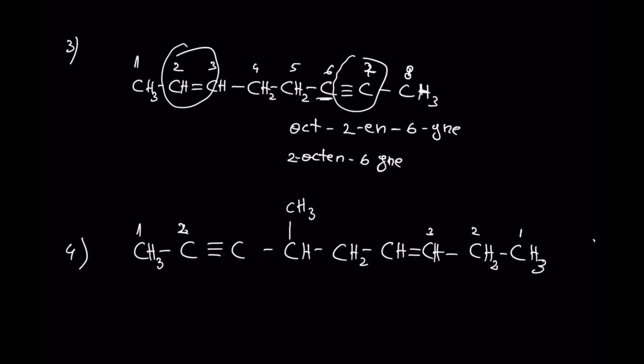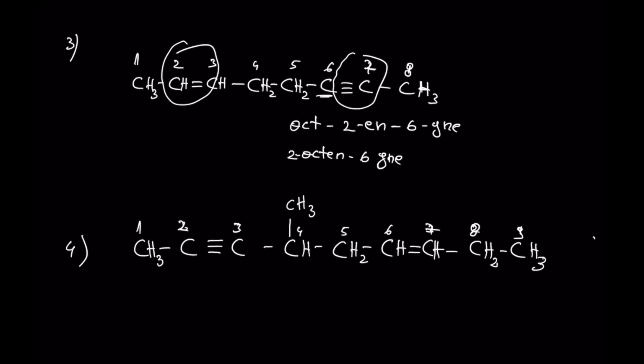Be careful, do not confuse this, because this is the only confusion that you can have in naming the alkynes. 9 carbons is going to be non-6-ene-2-yne. And you have a substituent at the position 4, 4-methylnon-6-en-2-yne. Okay? This is the correct name according to IUPAC rules.